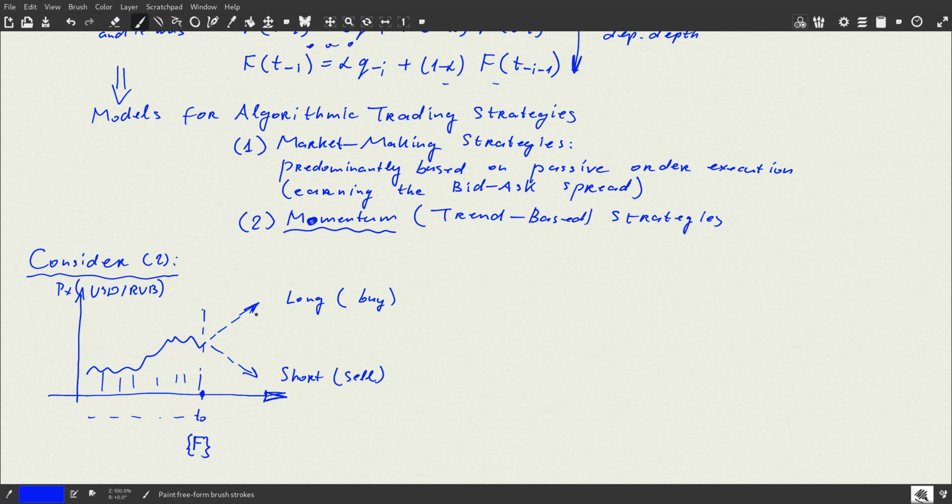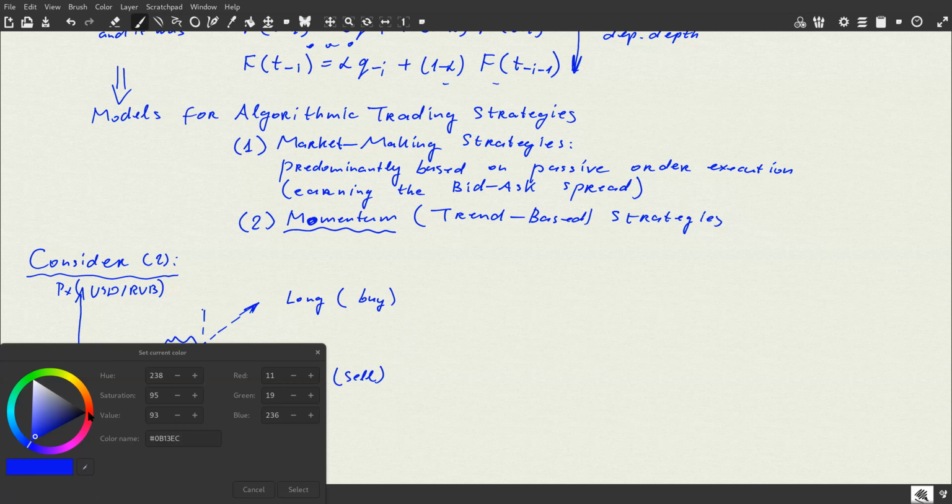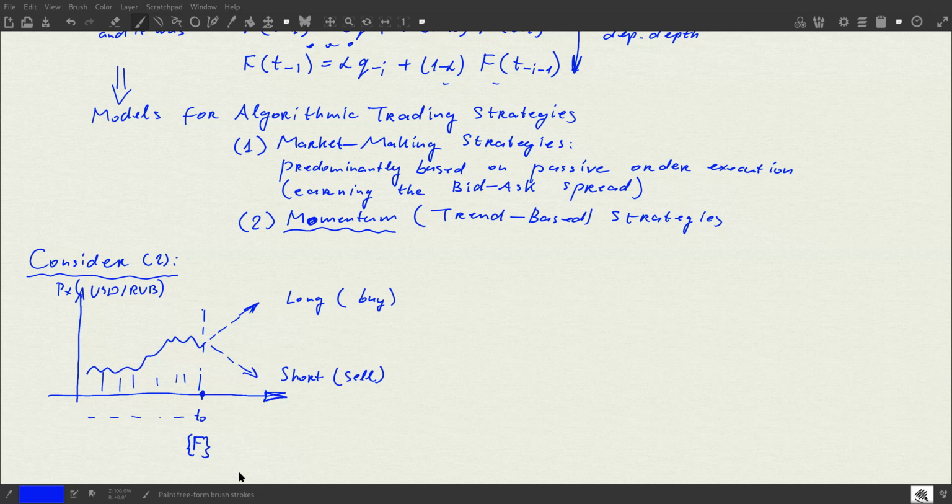And obviously, if you buy it and you are right, the price goes up, then you sell with the profit realized at some future time t0 plus 2, for example.